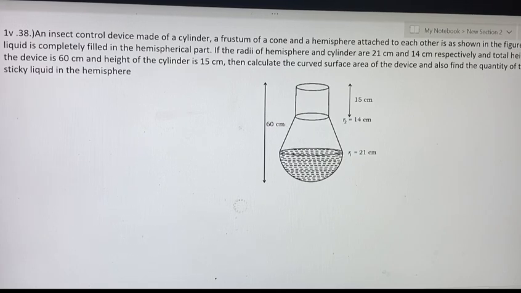If the radii of hemisphere and cylinder are 21 cm and 14 cm respectively, and the total height of the device is 60 cm and the height of the cylinder is 15 cm, then calculate the curved surface area of the device, and also find the quantity of the sticky liquid in the hemisphere.